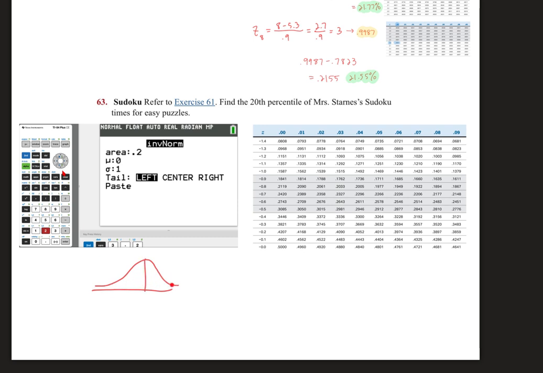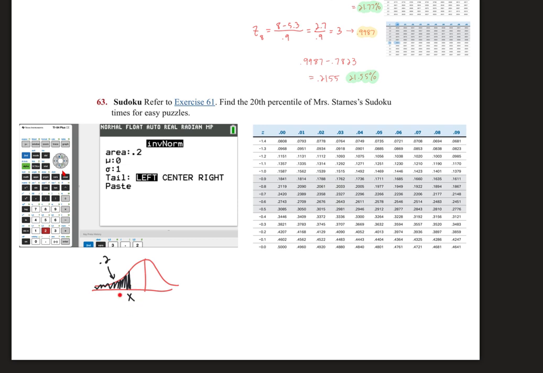Anything to the left or right of the mean is 50%. So the 20th percentile might be somewhere around there. That value is what we're looking for, where this area here is 0.2. 20% is to the left.